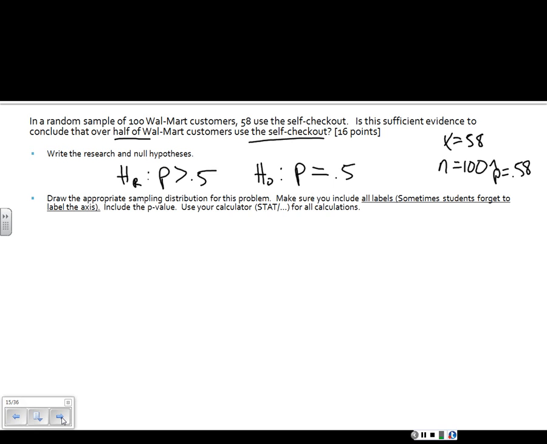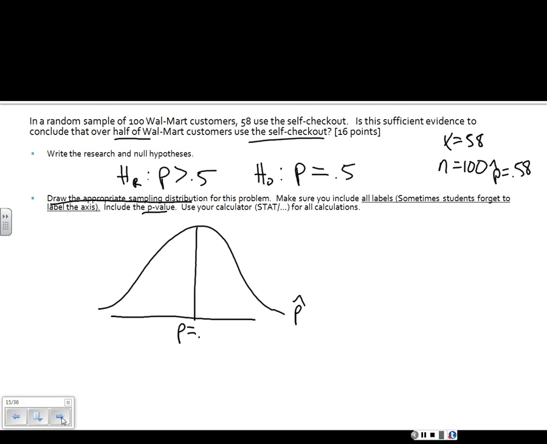So this one we're going to use the p-value, and we're going to draw the sampling distribution. I didn't check here, but the number of yeses are 58, the number of no's are 42, so we know this is going to be a bell curve. And on the axis, you just put a symbol for the statistic, and in the center, basically HO, P is equal to 0.5.